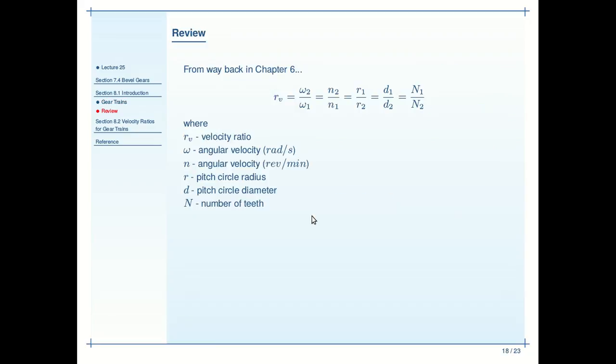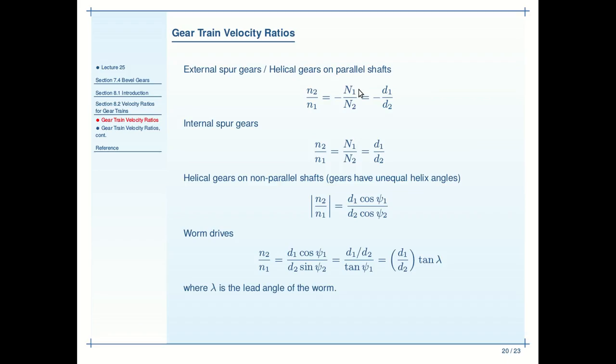When we look at gear trains, and hearkening all the way back to the fundamental law of gearing, we're looking at something that is generating a velocity ratio between an input speed and an output speed. But now we're going to start treating that velocity ratio just a little bit differently.